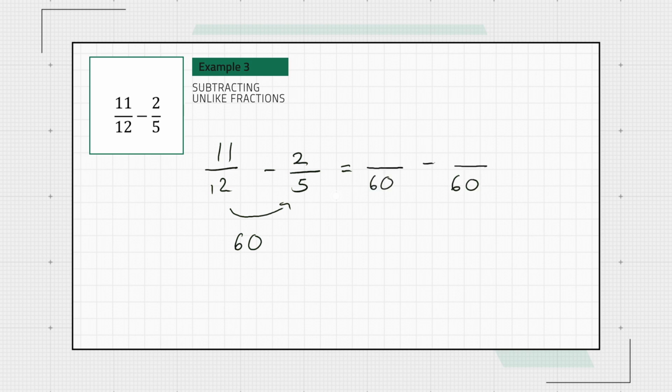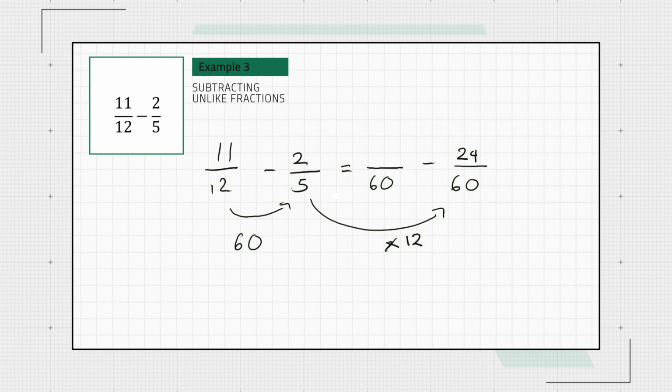And we're just going to work out what we've done to each fraction to get it to there. So from 5 to 60, from the second fraction, we've multiplied it by 12. So we have to do the same to the top in order for it to be an equivalent fraction. So we have to do 2 times 12, which is going to be 24. Okay, for the first one, to get from 12 to 60, we multiplied it by 5.